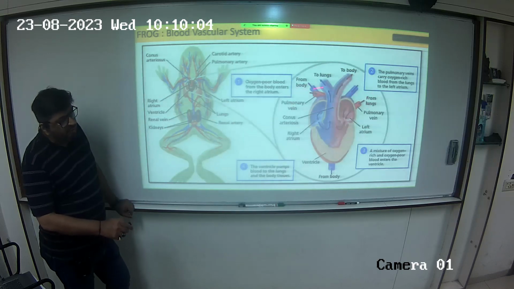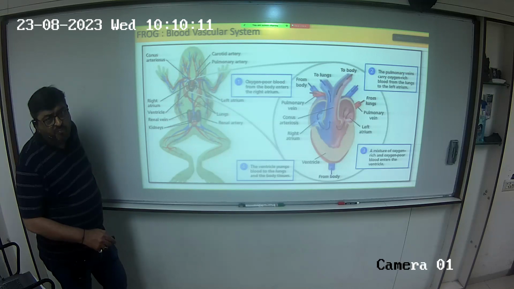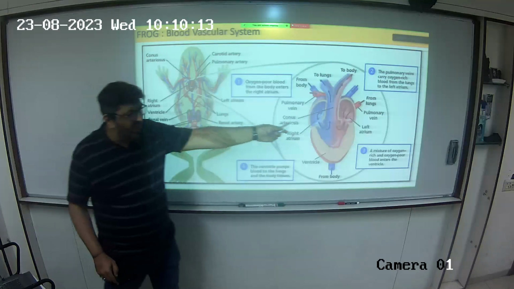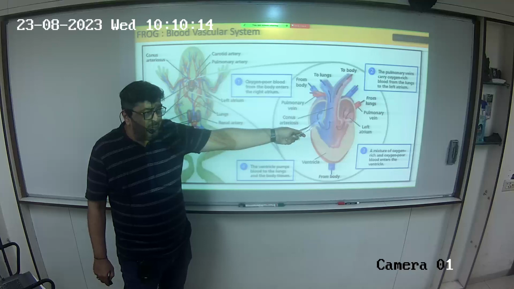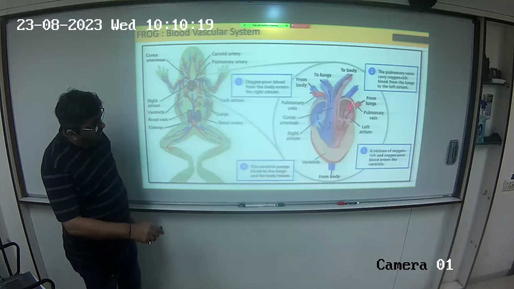So these are the vena cava. The upper two would be the superior vena cava. This would be the IVC, the inferior vena cava. Barabar na? Now, you are seeing the heart from the front. So the front would be the ventral surface. So receiving is always on the dorsal surface here.